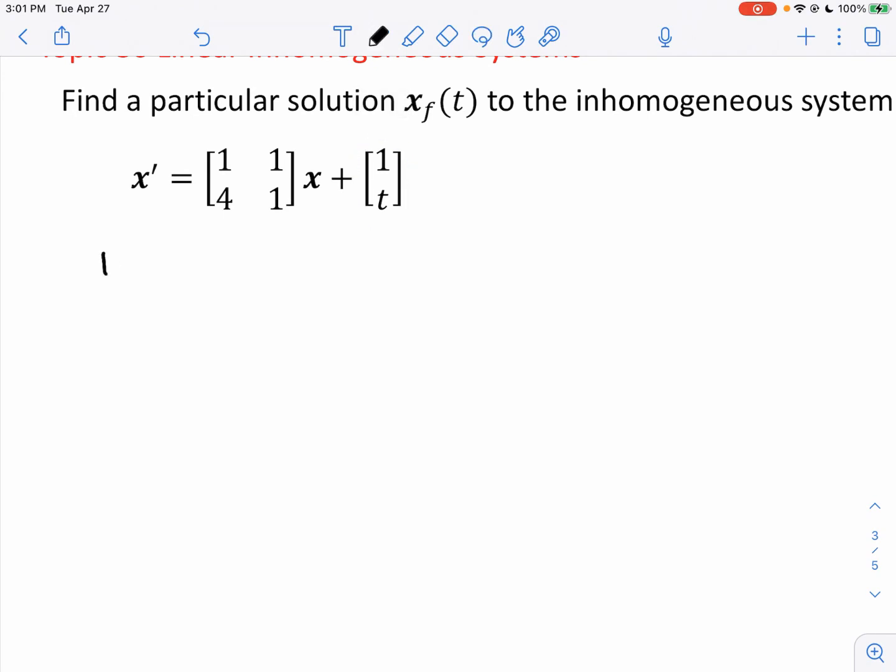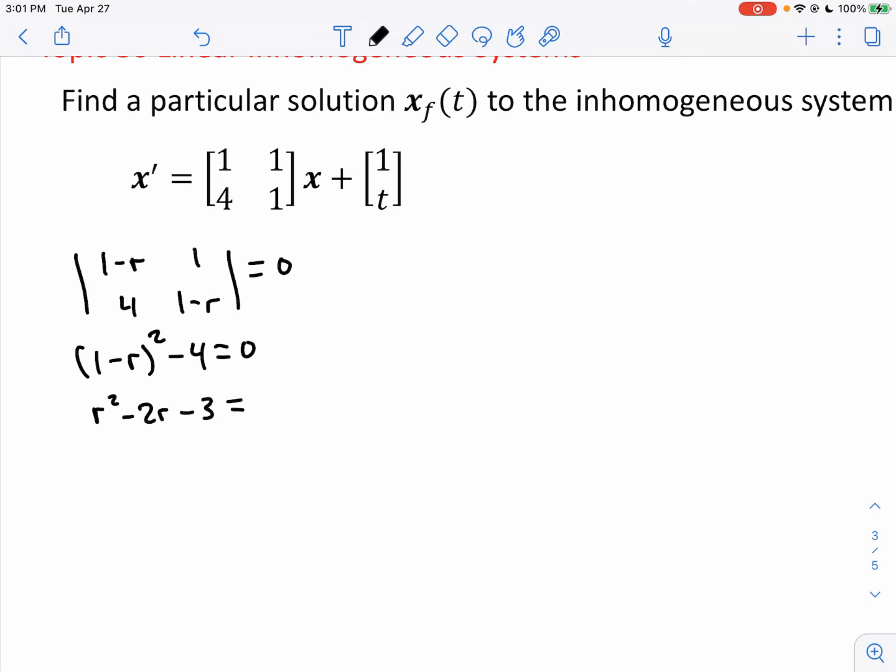So for the eigenvalues, we have to do 1 minus r, subtract r from the main diagonal, other entries stay the same, do the determinant, set that equal to 0. So we have (1 minus r) squared minus 4 is equal to 0. So this gives us r squared minus 2r plus 1 minus 4, so that's going to be minus 3, equal to 0, and this factors into (r minus 3)(r plus 1).